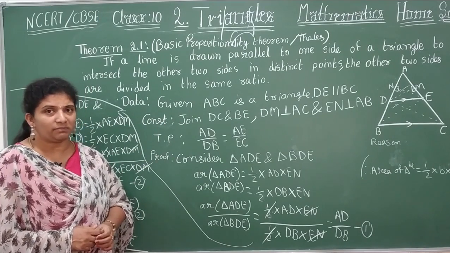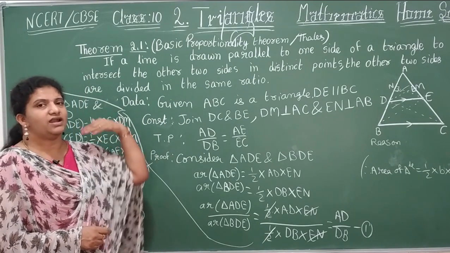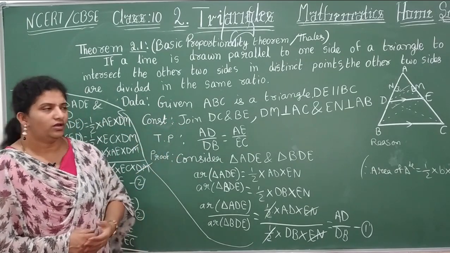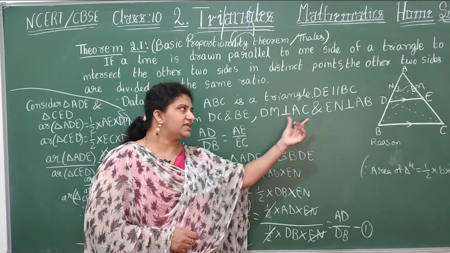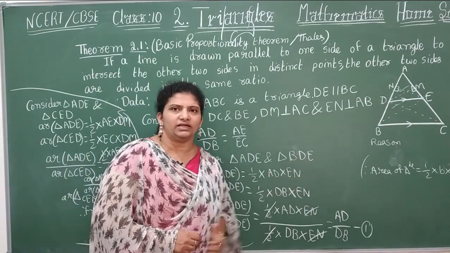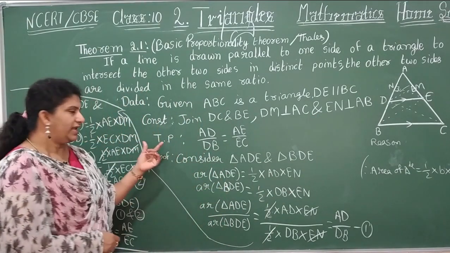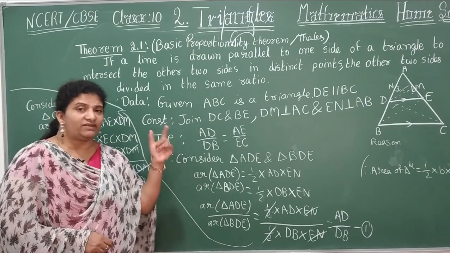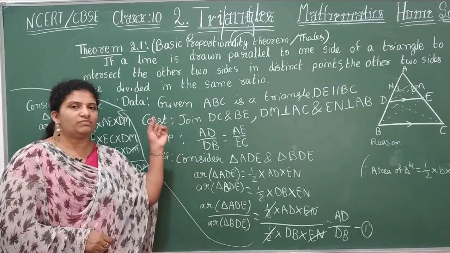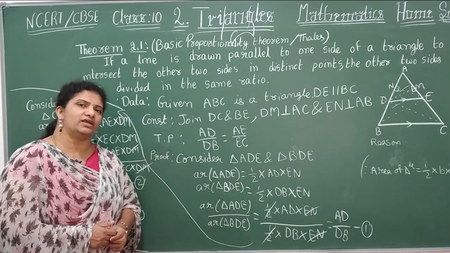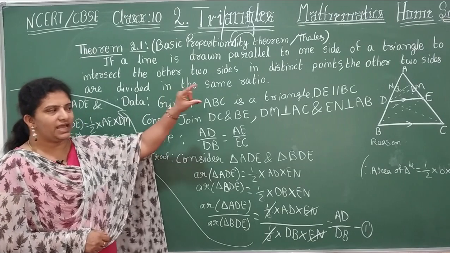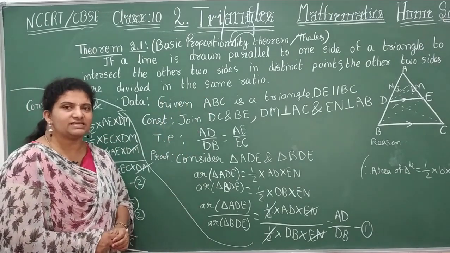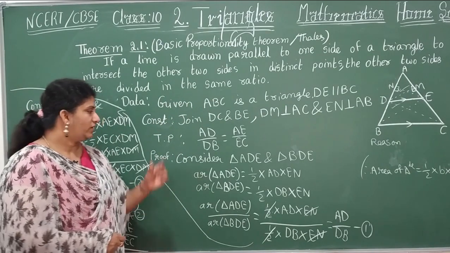We have taken one perpendicular towards this side and another perpendicular towards that side from the line where you have drawn. Okay, DM perpendicular to AC and EN perpendicular to AB. So now, what do you need to prove? The point where it divides that line, from there the ratio must be divided in proportion. That is, AD by DB is equal to AE by EC is the one we need to prove.